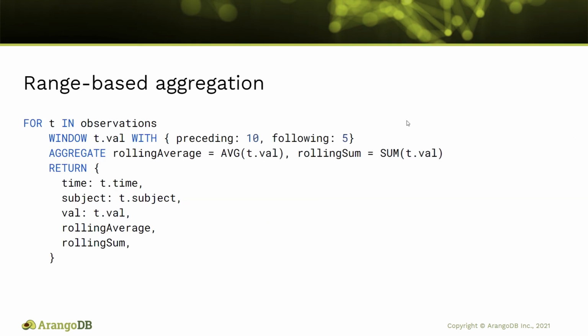In AQL, this looks like this. We define the window to use the val attribute as reference, and the value range is defined again using the preceding and following attributes. And the range is supposed to be -10 and +5 relative to this value attribute.